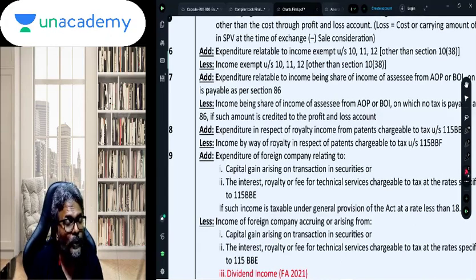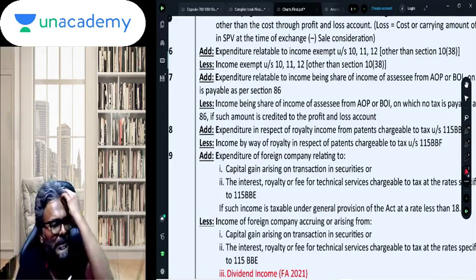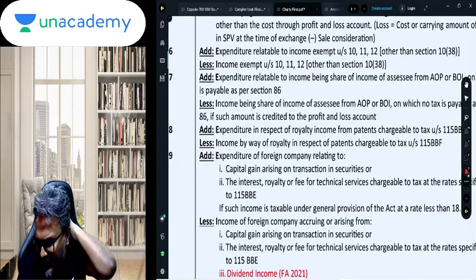So this is the only particular income of the domestic company which has this particular exclusion.